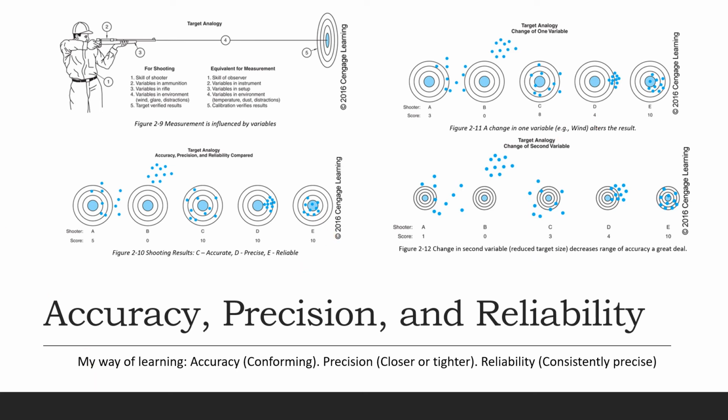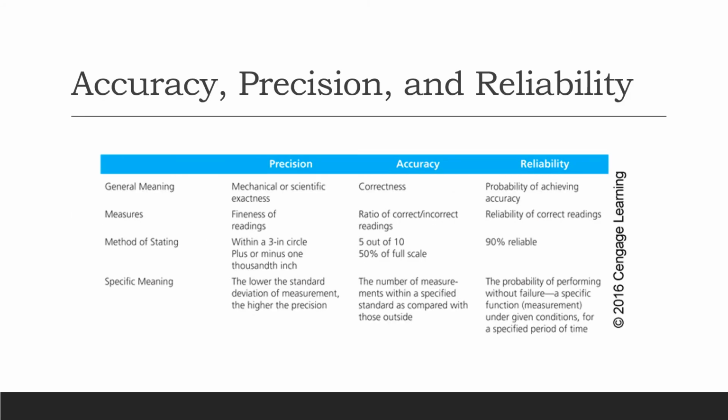Alright, so let's move on. Here is a formal way of presenting precision, accuracy, and reliability with terms, okay? Meaning, general meaning, measure that, and method of stating, and specific meaning. You can read that by yourself, okay? But what I really want you to get is the nature of them. When you write it down, you can write it down with your own words. That's fine.